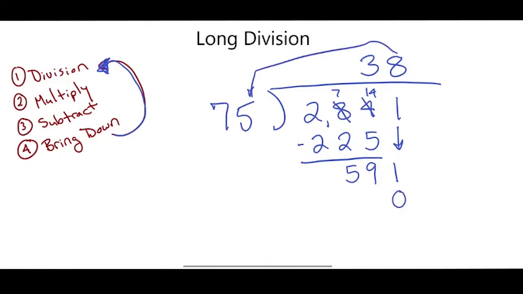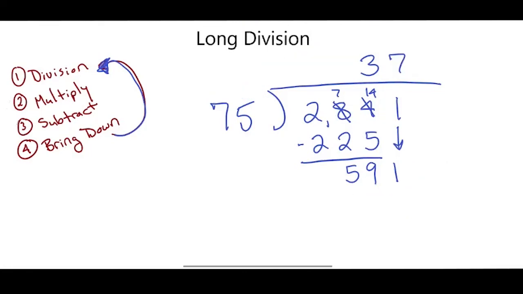So the 0 goes here, the 4 goes here, and then I'll do 8 times 7, which is 56. 56 plus 4 is 60. Well, you'll notice that this number is bigger than this number. So that doesn't work. So I have to make this number smaller. So it's 8. Let's try 7.